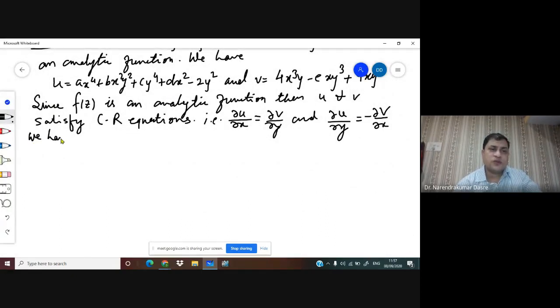So we have du by dx, the derivative of this term with respect to x. We will have 4ax cube plus 2bxy square plus the derivative of this term is going to be 0, plus 2dx.